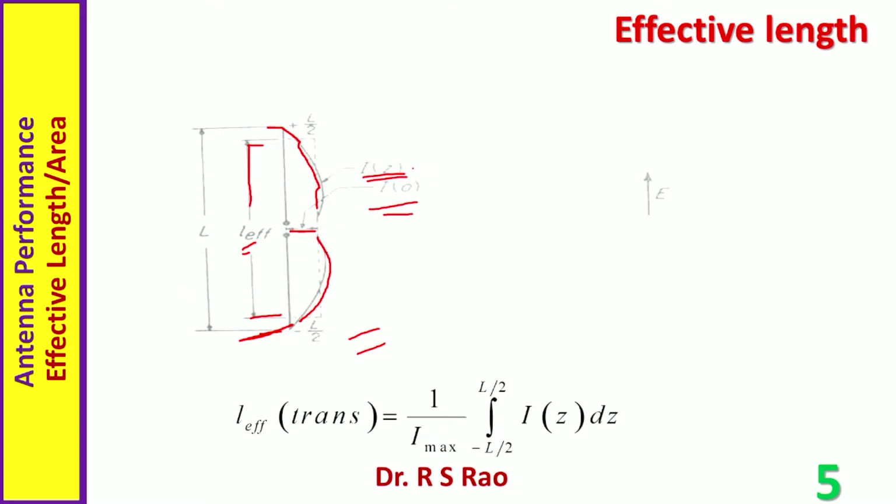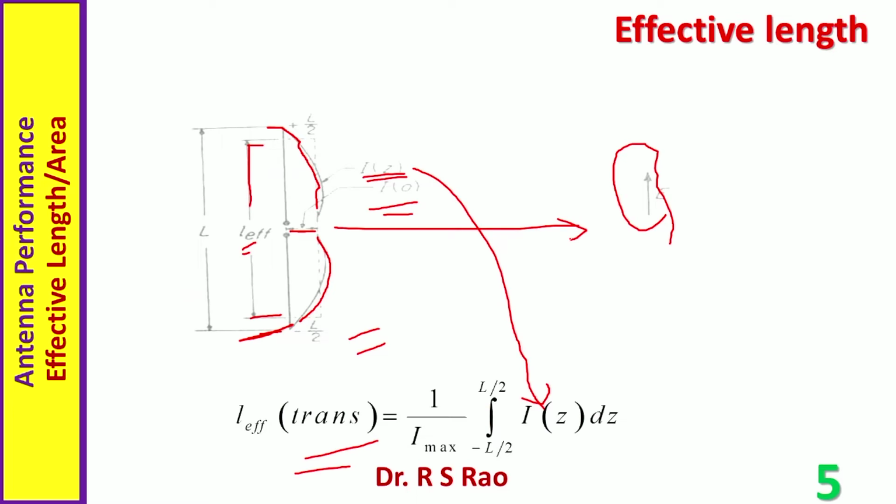Now, substituting the expression for I of Z in the expression for effective length, one can determine its value. Notice here E is considered normal to the wire antenna. This is the length normal to the length of the antenna.